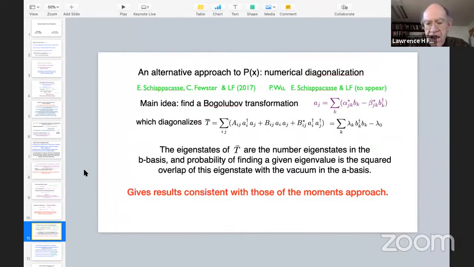Okay, so let's talk about the other approach briefly, which is numerical diagonalization. That was developed in some other papers with Chris Fewster and Enrico Schiapacassi, and some work that is about to appear with Peter Wu.